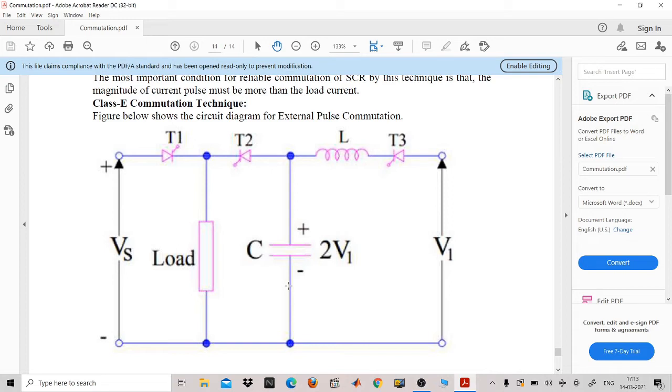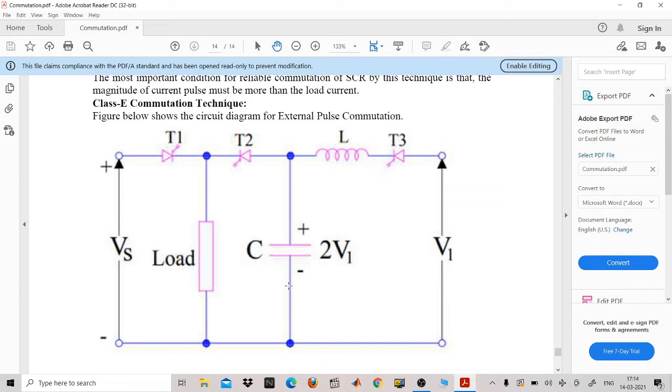So compared to natural commutation, forced commutation circuitry is very expensive. It will require more components. When you are incorporating two to three additional components in your circuit, it will increase the weight, size and cost of the system. So your system will not become compact. So we always prefer natural commutation.